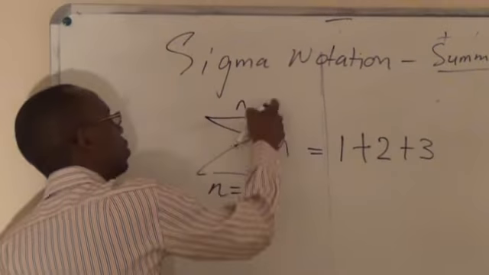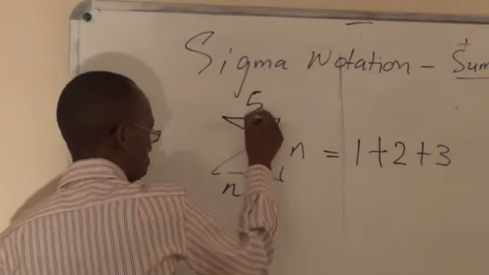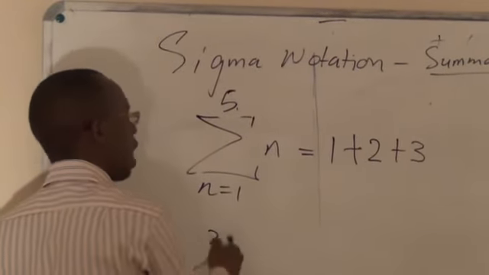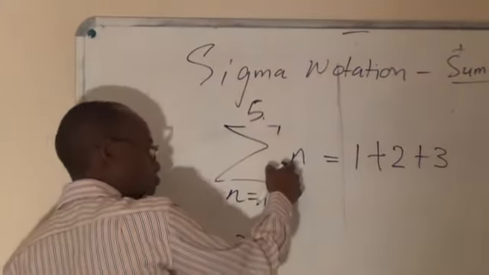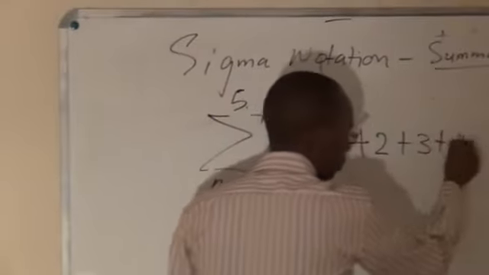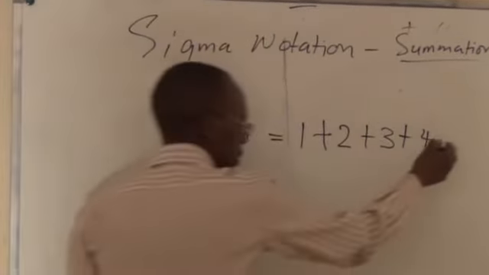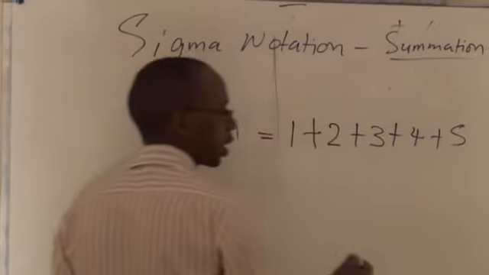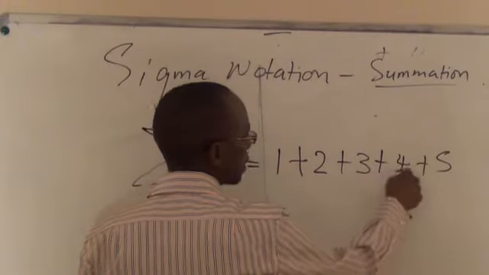And continue until you get to n. Suppose our n is 5. So we say, okay, after moving from n equal to 3, I'll go to n equal to 4. If n is equal to 4, then what I'm adding is 4. Then eventually I'll end at the point 5, plus 5. And if you check, our sum here should be equal to 3, 6, 10, 15.